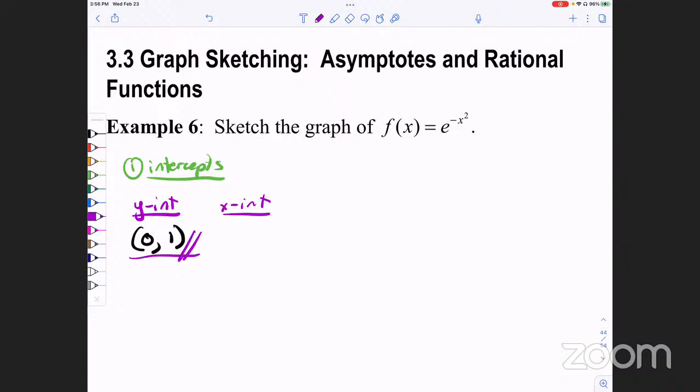For the exponential function, I don't think we can find an x that is going to make that 0. Multiplying the inside by a negative like that flips it horizontally, but then we have that x squared, right? But those don't move it up and down at all. So x-intercept, we're going to say none.